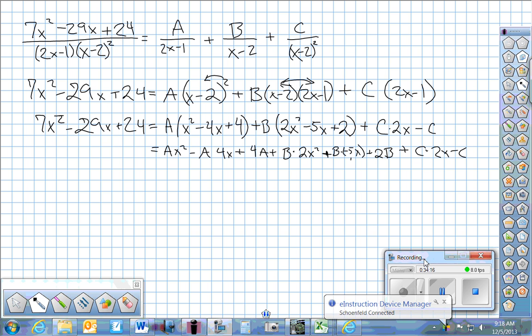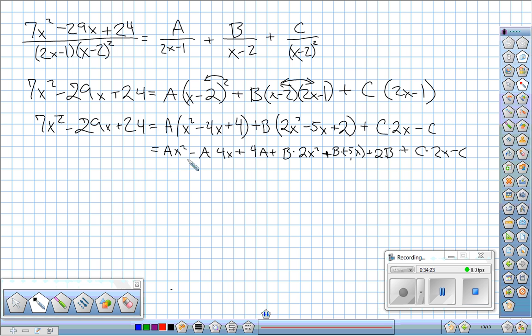And then I'm going to work with just the side that has the a, b's, and c's. And I'm going to get all my x squareds together. So I kind of like to make sure I have them all together here. And that looks like those are my only x squareds. So I will have ax squared plus b 2x squared. Then I'm going to get all my regular old x's together.